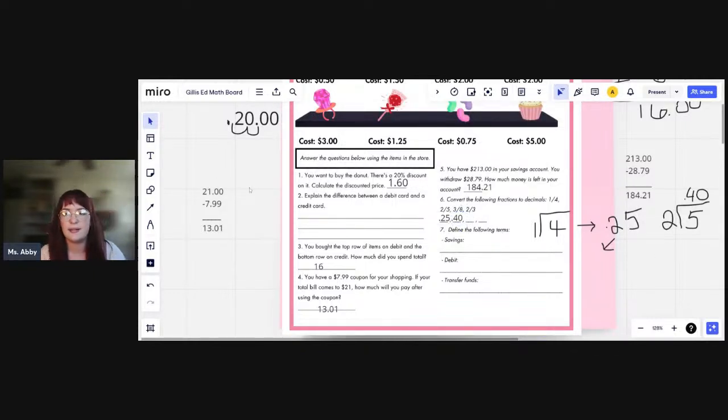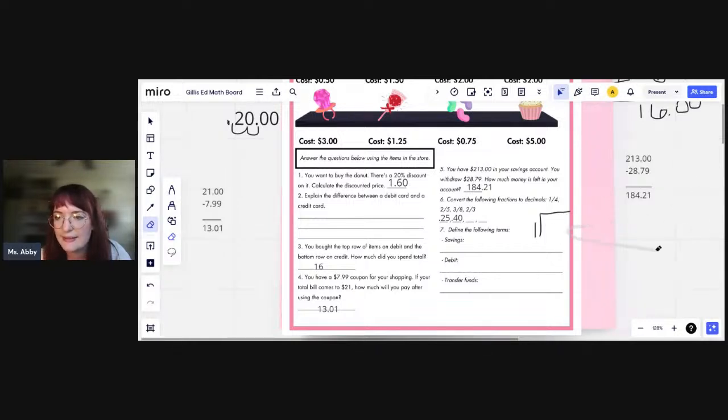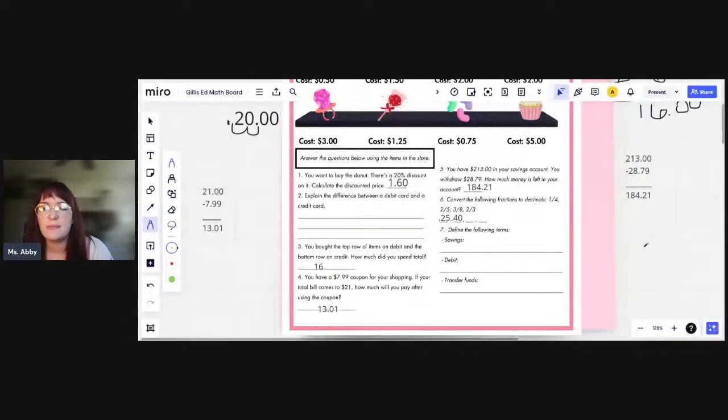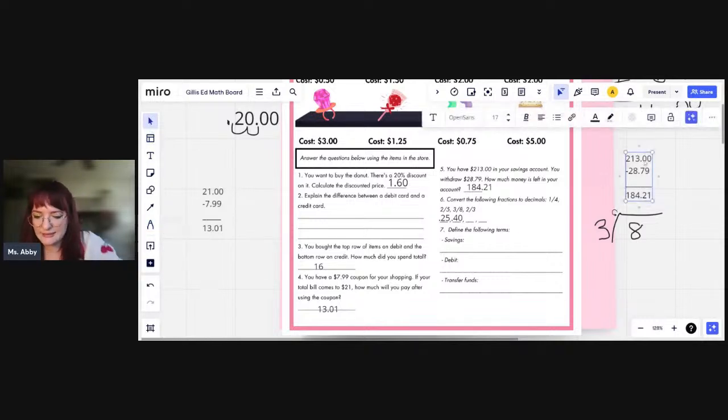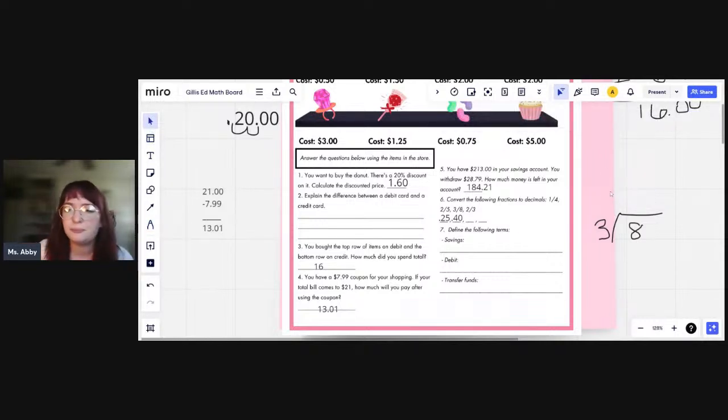And then the same thing for when you have 3 divided by 8. I'm going to make some room real quick so I can do this. There we go. So you are going to take 3 and divide it by 8. And I'm going to erase this math up here because we no longer need it.